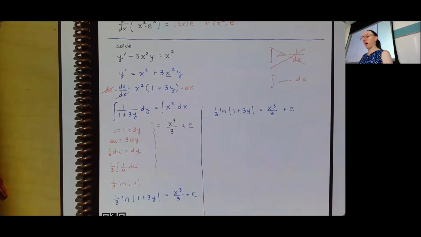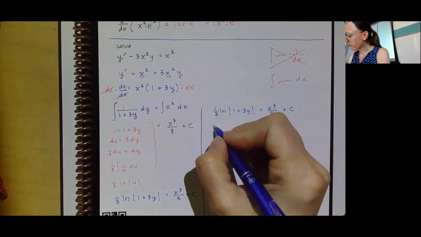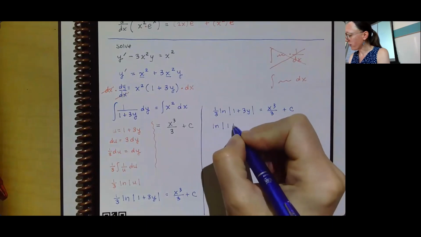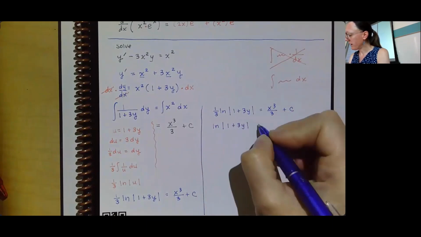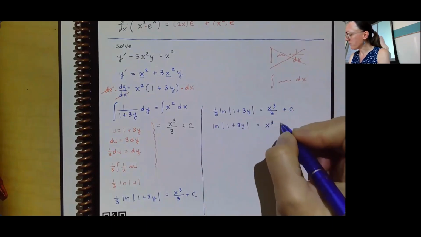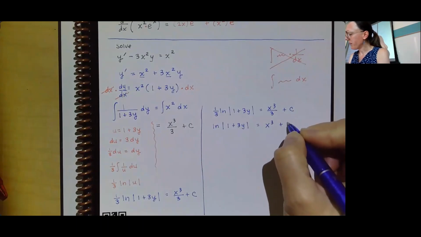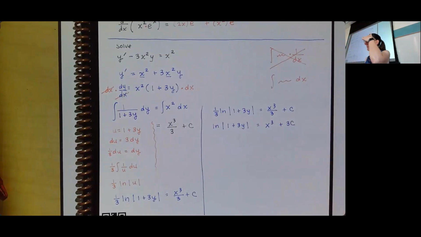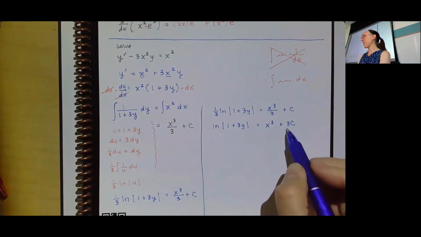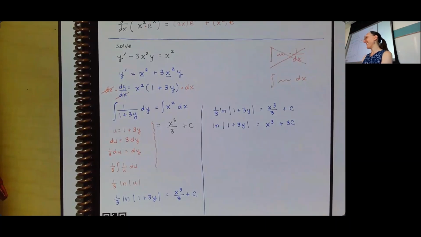So my first move here, I'm going to multiply everything by 3 to get rid of the fractions. That's going to leave me with natural log absolute value of 1 plus 3y is equal to x cubed plus 3 times a constant. The mathematician-y thing to do is to say 3 times a constant is still just a constant. It's some other constant, but it's still a constant.